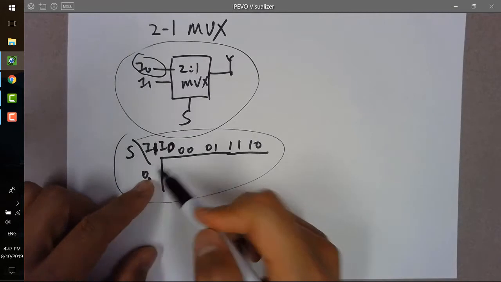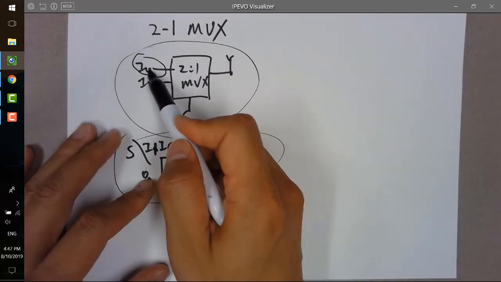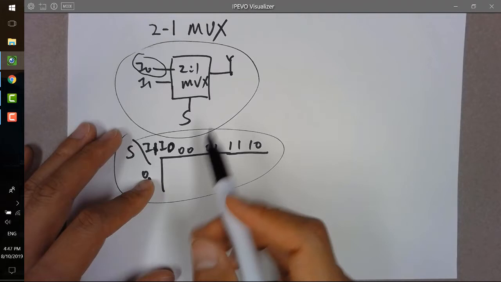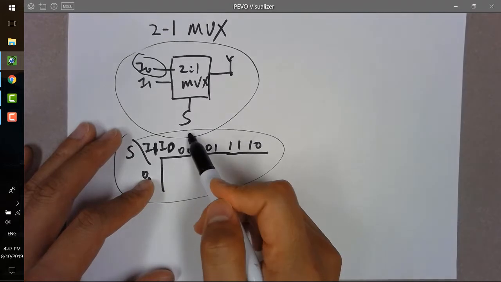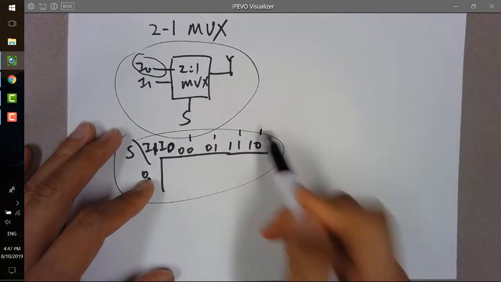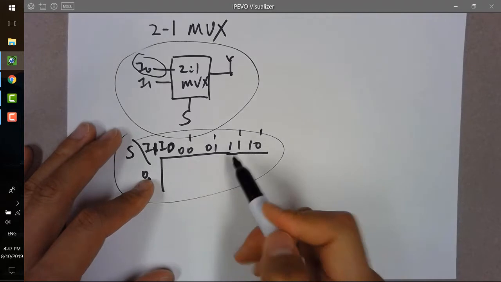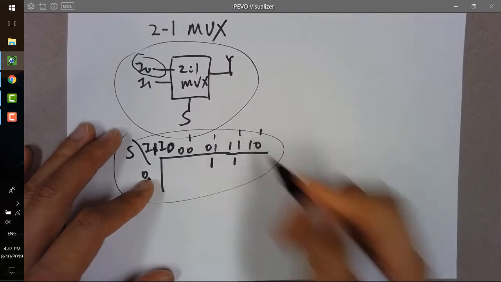So when S is 0, you are picking up I0 to Y. So when I0 is at this bit, on the LSB, when that one is 1, you get a 1 for the output. So only for these two cases.